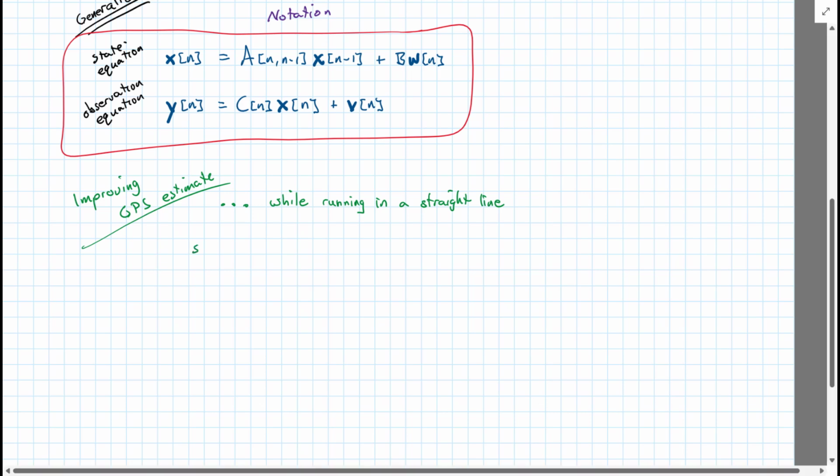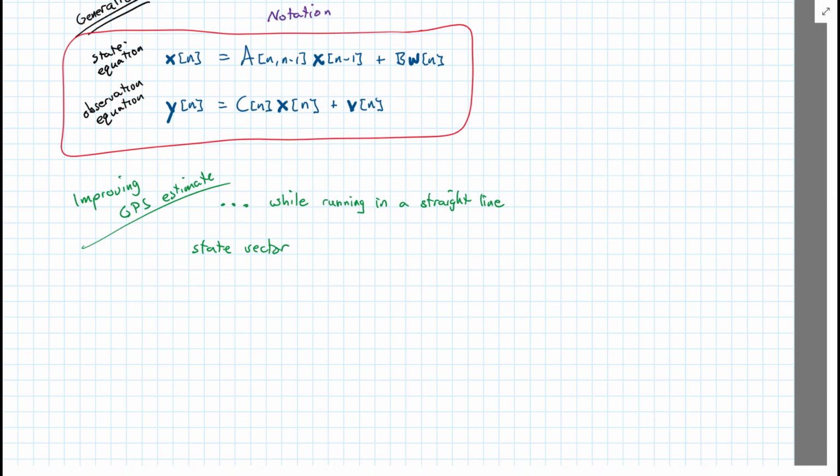Okay, so our state vector, we're going to have it be my position along this road, along this straight line, and I'll also put in speed.